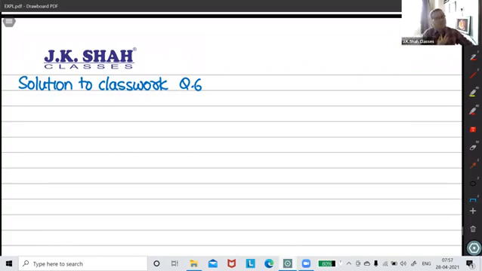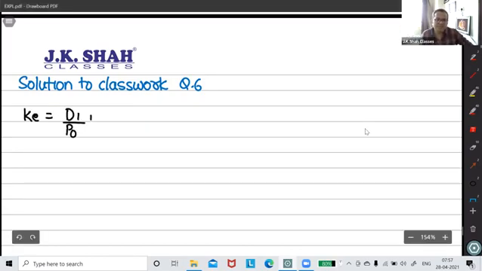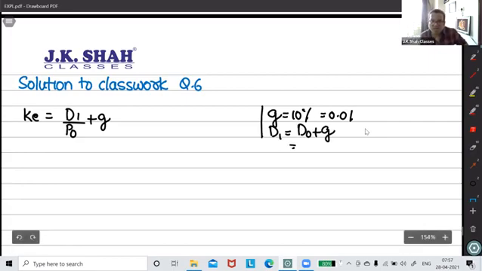So let's gather the data. No, guys? Let's gather the data. So first we'll write KE is equal to what? D1 upon P0 plus G. Fine. So first we'll write G 10%, 0.1. Then D1 would be D0 plus G. That is, how much is the D0? We said 1 plus 10% of 1. So it will come 1.1.